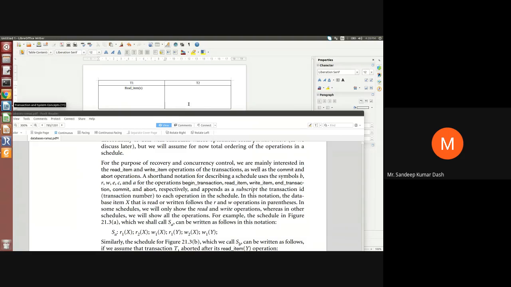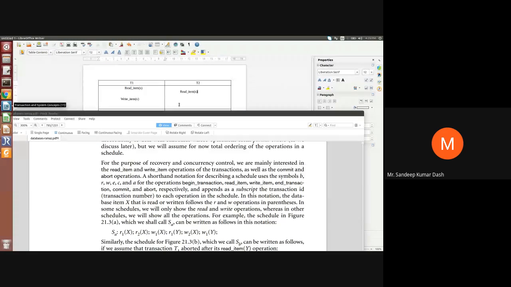Then R2X, that means next is for T2. So it will read item X. Then the next operation is for transaction 1, that is write item X. Then R1Y.